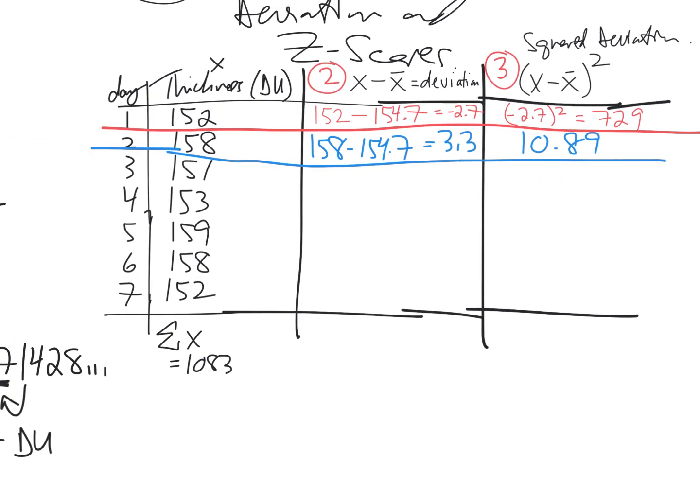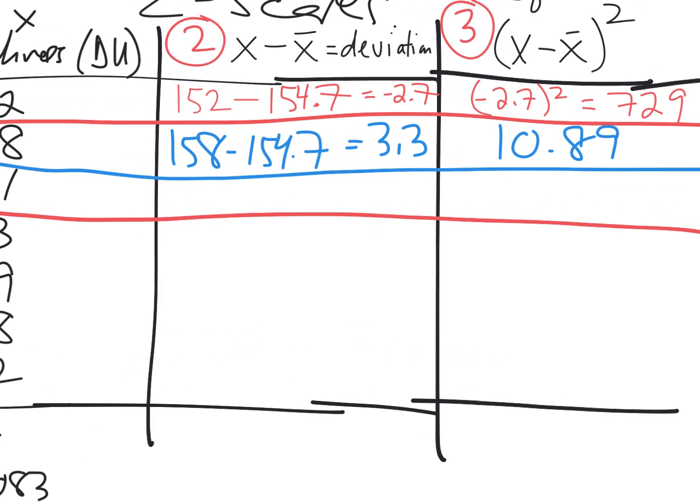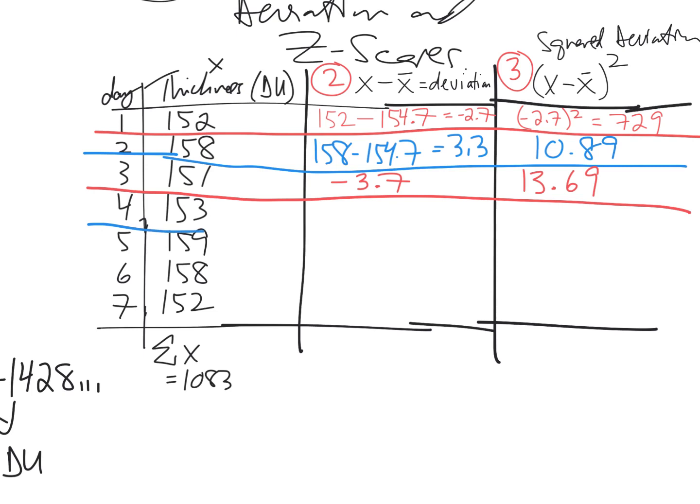Okay, next row, 151 minus the mean. In this case, it's going to be negative 3.7. And when we square that, 13.69. And then 153 minus the mean, negative 1.7, squared 2.89.